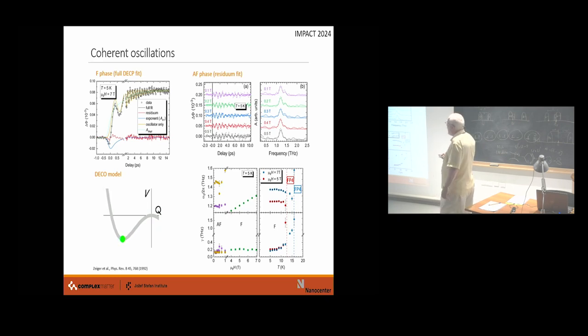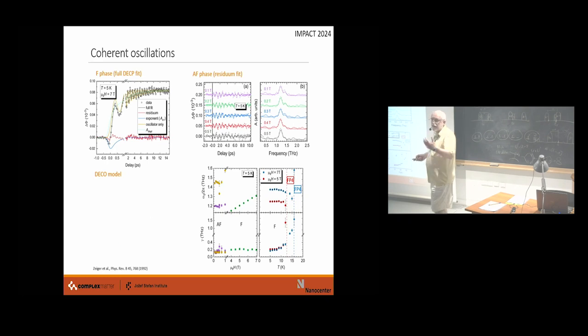This was a bit surprising because this is a magnetic system, and magnetization usually has a bit more complicated dynamics. Of course, this cannot be a phonon because there are no phonons in this frequency range, and also the frequency has a strong dependence on magnetic field. So it's definitely a magnetic excitation.